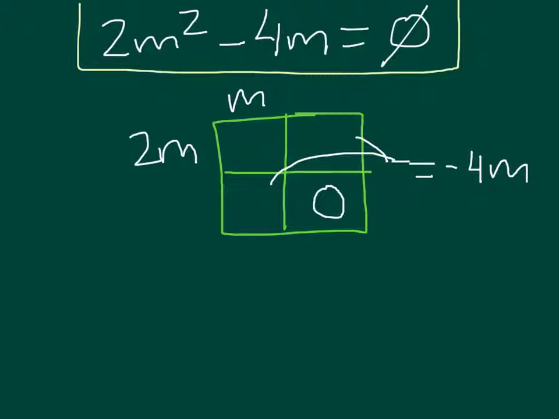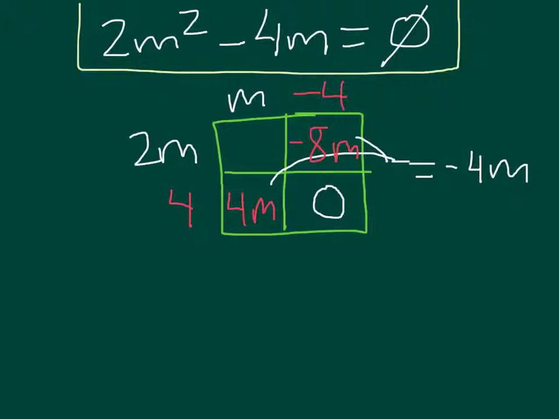So after figuring that out, you can see that 2m times negative 4 would equal negative 8m, and m times 4 would equal 4m. And you can see that these two added together would equal negative 4m. And that 4 plus negative 4 would equal 0.